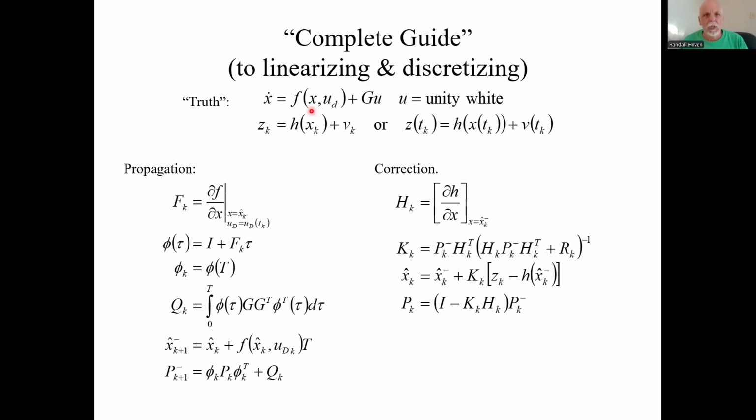But if you're given this, for one thing, what is your little f? And then what is your big F? Because we have propagation equations and correction equations, and we need to find a bunch of terms. What is little h? What is big H? What is our phi matrix? What is our Q matrix?